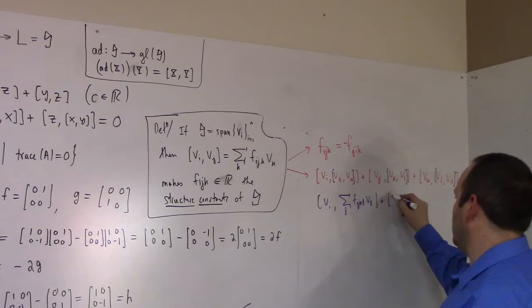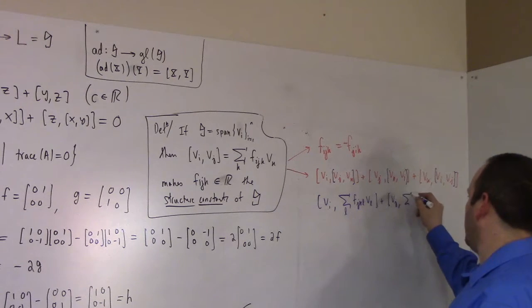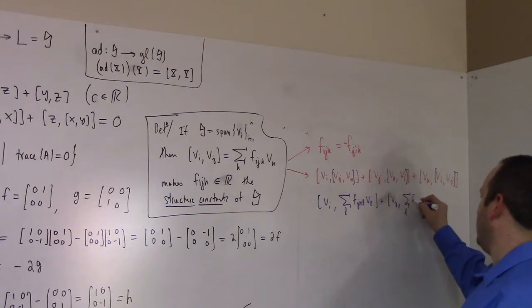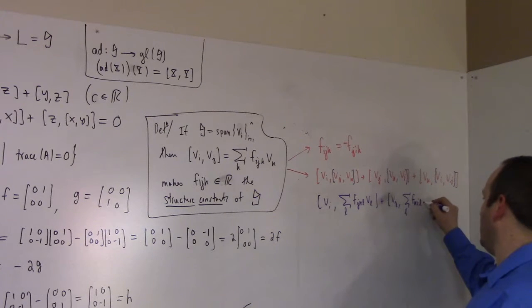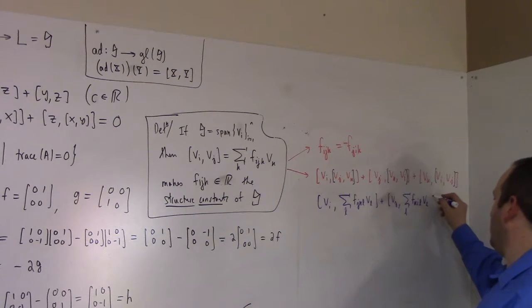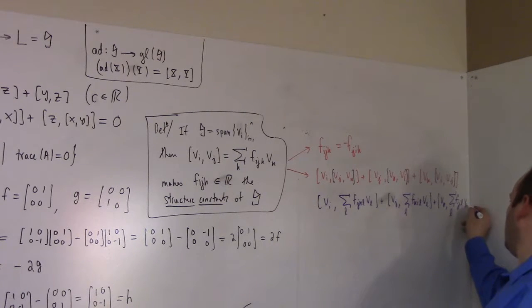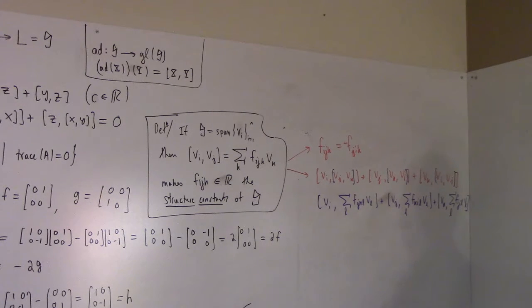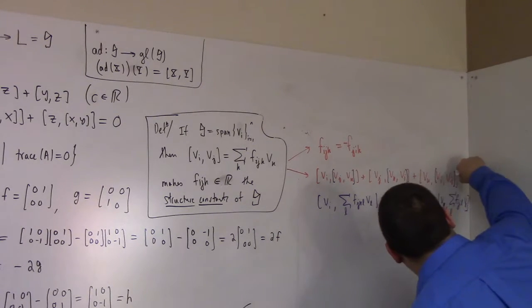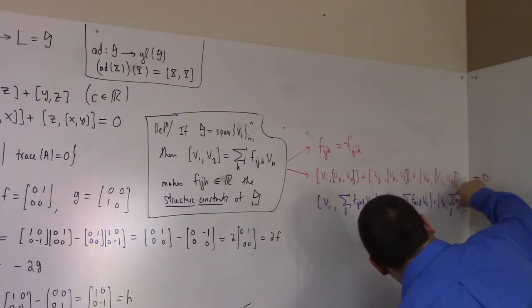And then similarly, Vj with the sum over L of f_kiL VL. And then Vk with the sum over L of f_ijL VL. I've worked myself into a corner. But it's okay, because I will use that to my advantage.